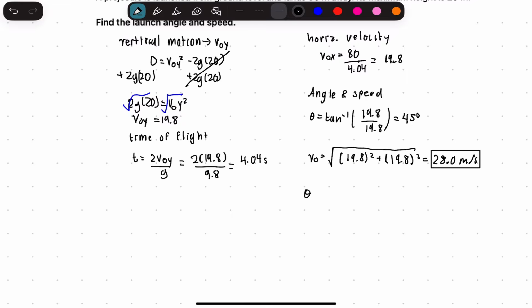And again, theta is going to equal tan negative 1 of y over x, and V initial is going to equal the root of V initial x squared plus V initial y squared. And that is it.